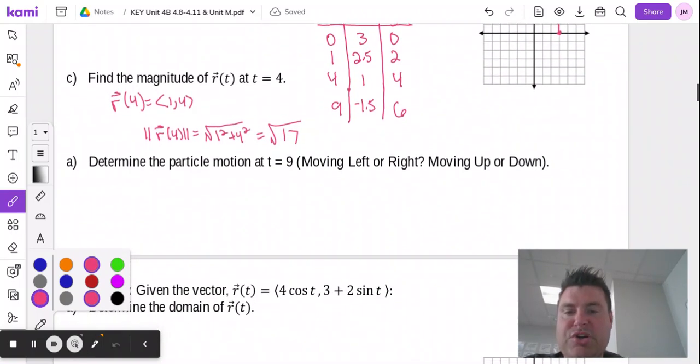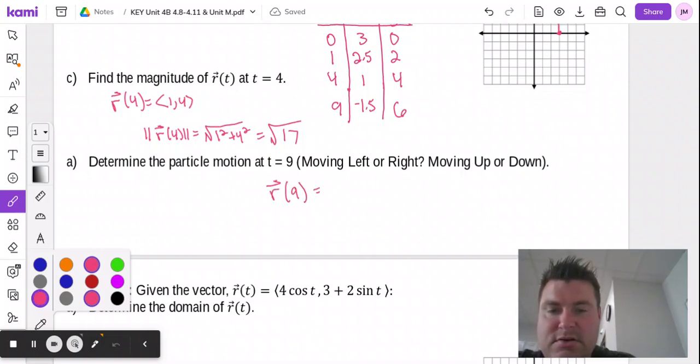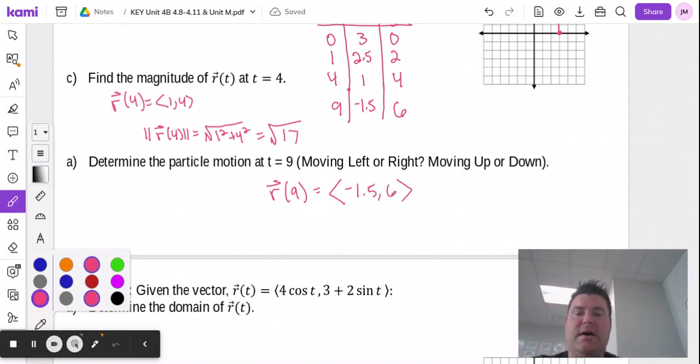Determine the particle motion at t equals 9. So what's great is I have this up here. So I have r of 9, which is negative 1.5, comma 6. So the horizontal component is negative, so we are moving left. So this is the particle motion.